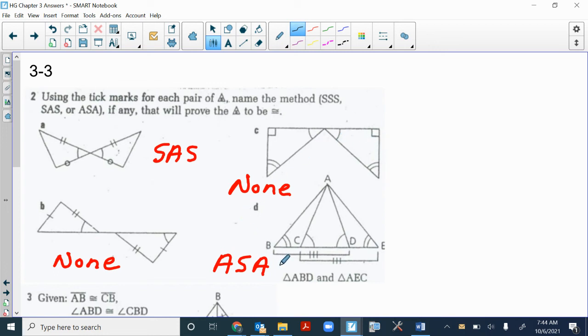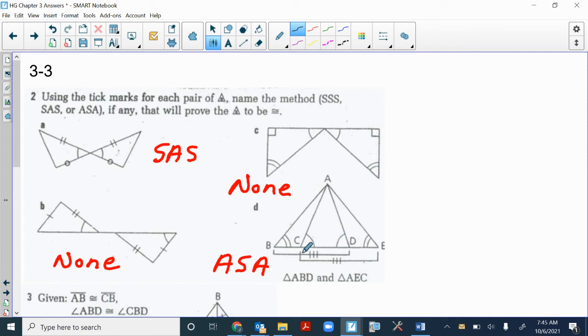All right, and then if we look at D, there's a lot of information going on here, but we know that angle B and angle E are congruent, right? And then we know the angles ACD and ADC are congruent, which means their supplements are congruent.